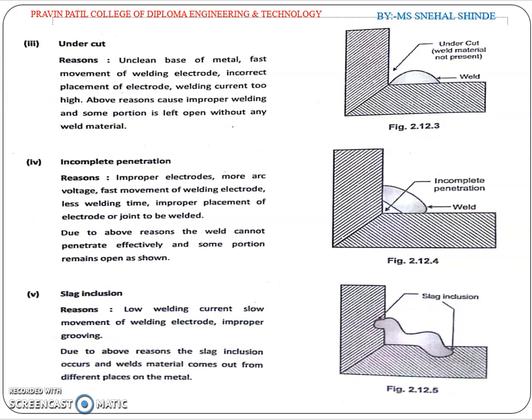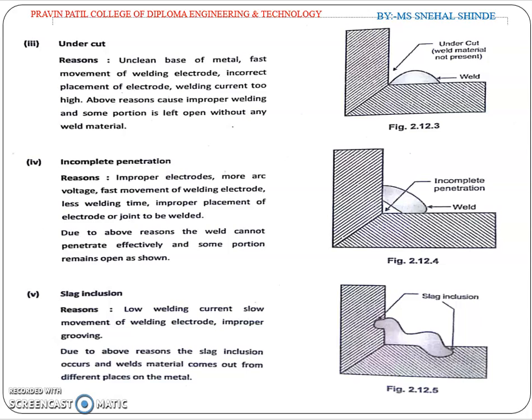Third is the undercut: unclean base metal, fast movement of the welding electrode, incorrect placement of electrode, welding current too high. The above reasons cause improper welding and some portion is left open without any weld material.